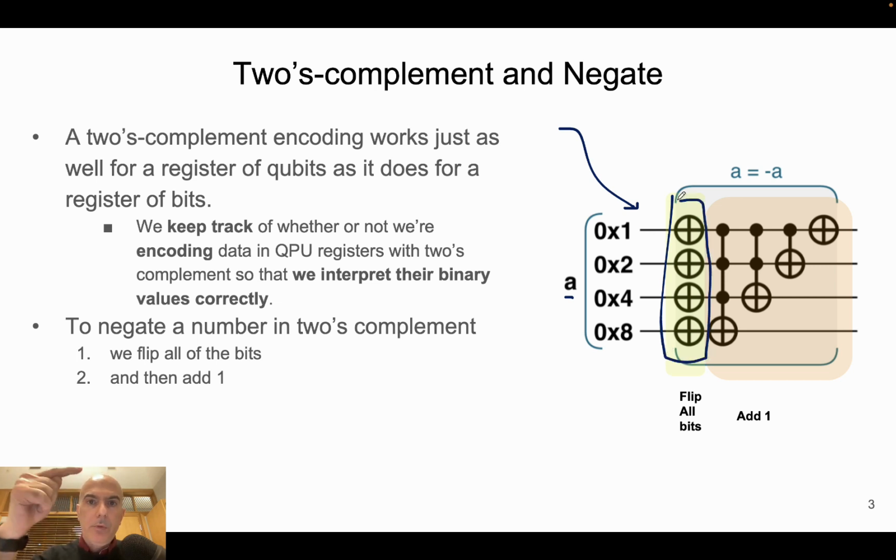So we apply a NOT gate to all the qubits, and then we apply a quantum circuit that we saw in the previous lecture, the increment operation. So very simple. Let's see an example of how this negation operation works.